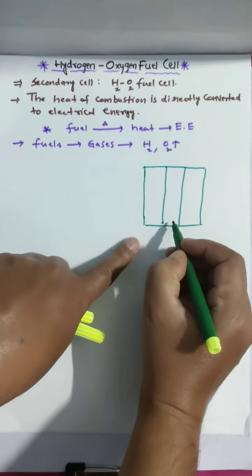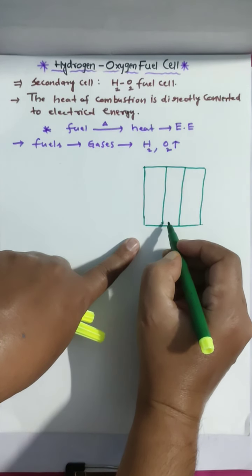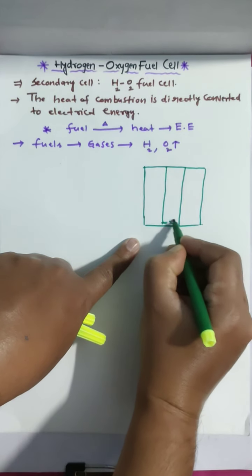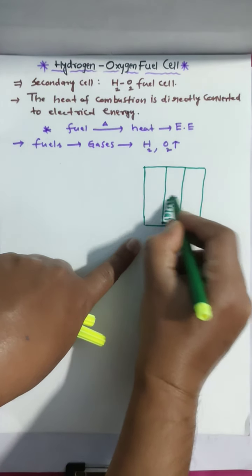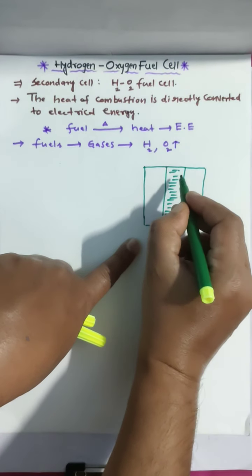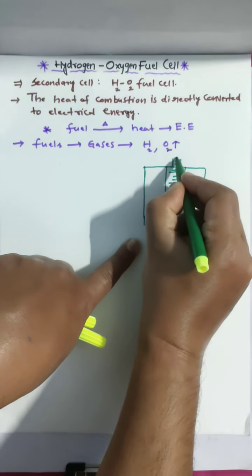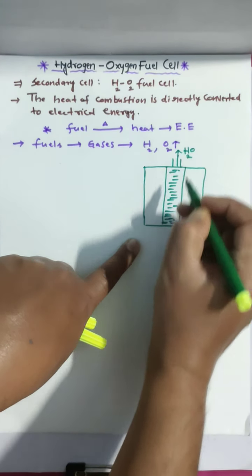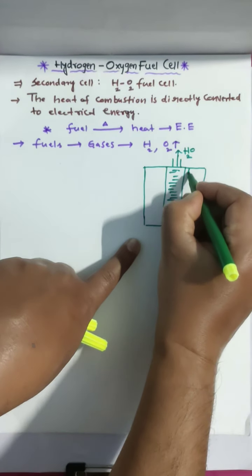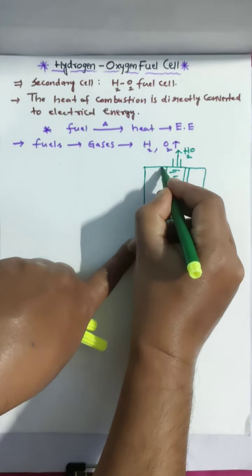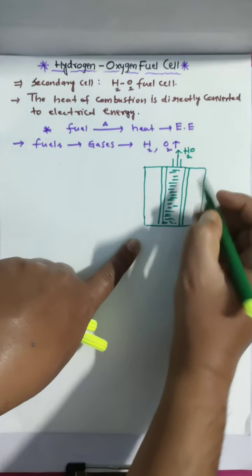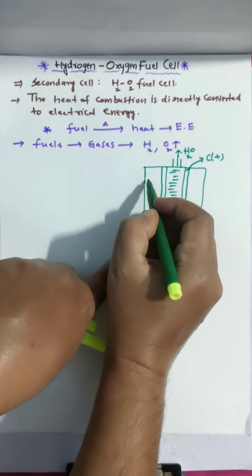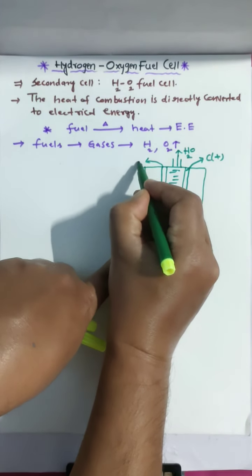Here we have an H2O chamber, from which H2O will be released in the form of gas. And here we have an anode and a cathode. This acts as the cathode, positive, and this acts as the anode, negative.